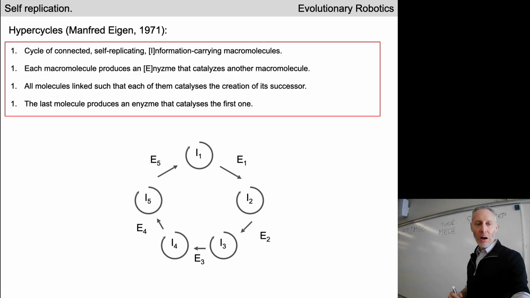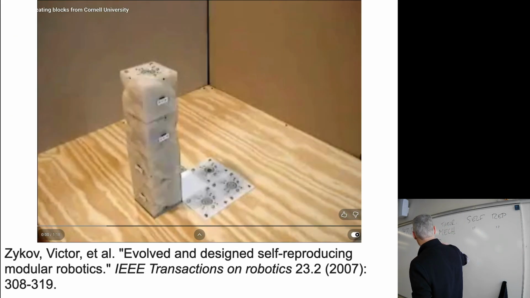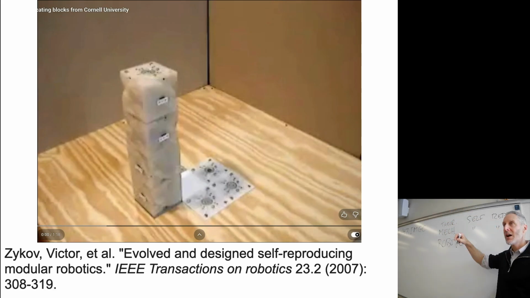If we want to create very large numbers of robots that do useful things for humans, we're going to move on now to robotic self-replication. In robotic self-replication, we're going to use this idea of mechanical self-replication as sort of the starting point.